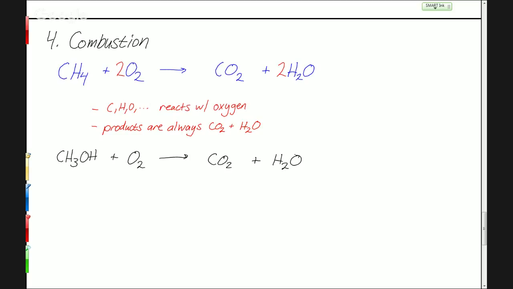We're going to have to balance this one a little bit differently. Yeah, but the same idea. So something with carbon and hydrogen and oxygen plus oxygen. And this is what happens when you burn hydrocarbons.